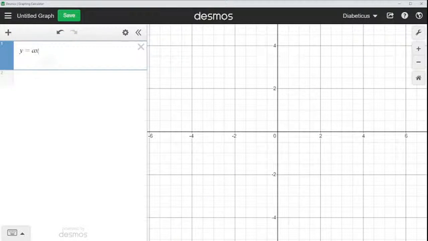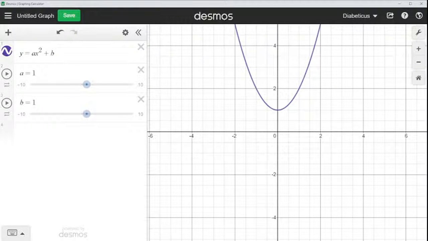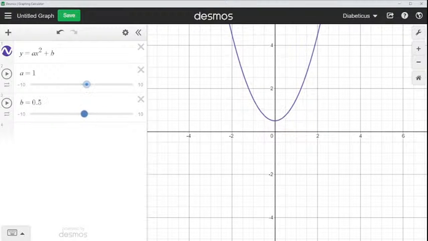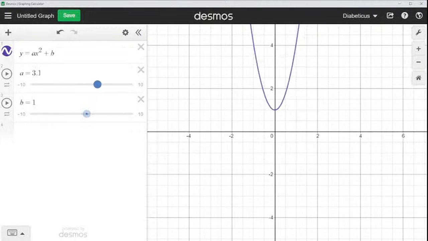What if I have some parabola x squared plus b? Right. Just any general vertical translation and a vertical amplitude, right?